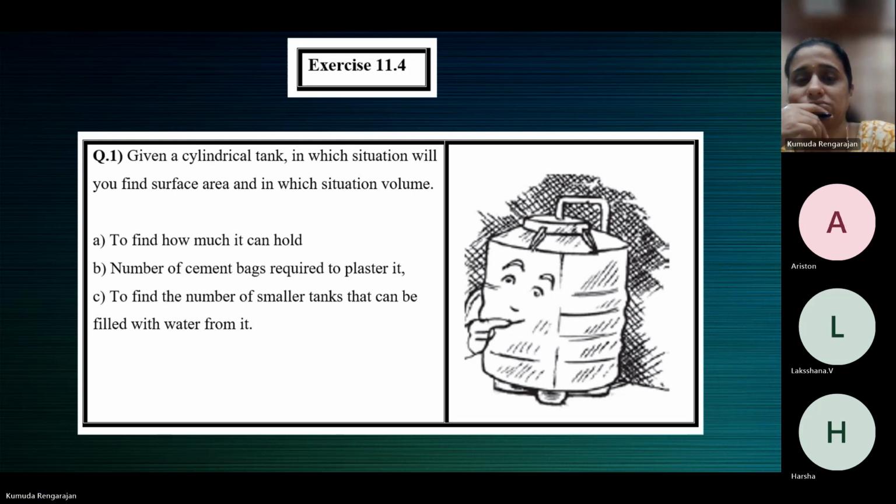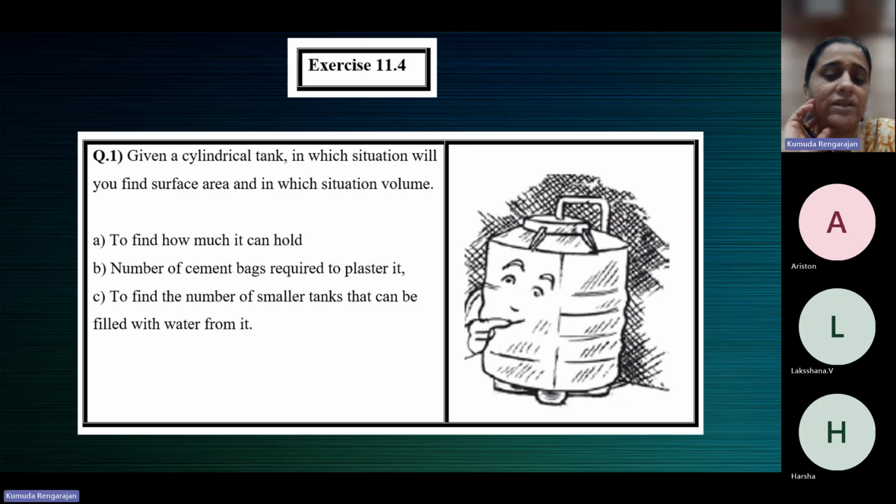On the surface area, on the wall. The wall is plastered, it may be the inside or the outside of the wall. But plaster is not poured inside the room. It's splashed on the walls and the ceiling. So it has to do with the area. So for plastering, you'll find the area.